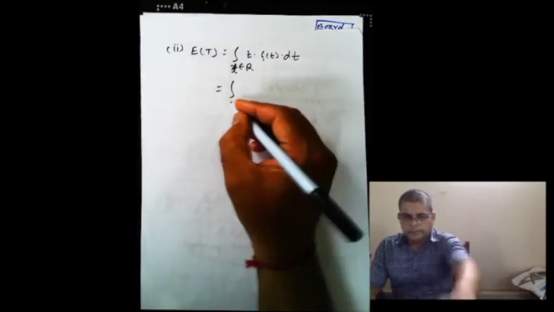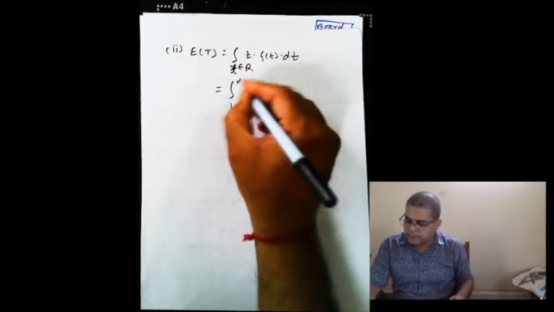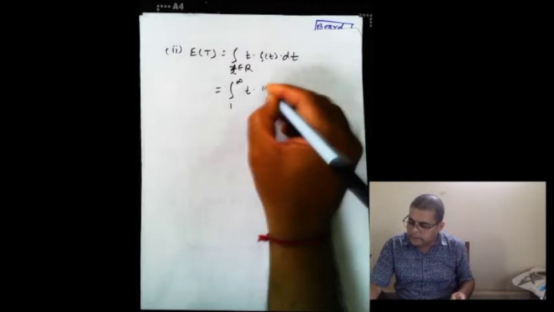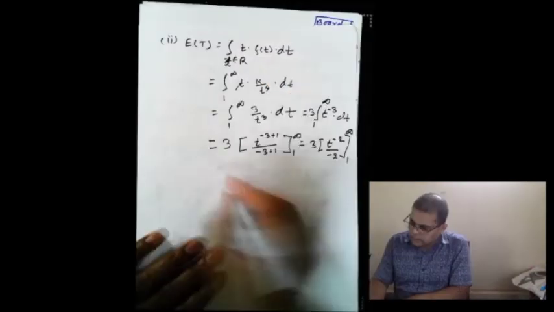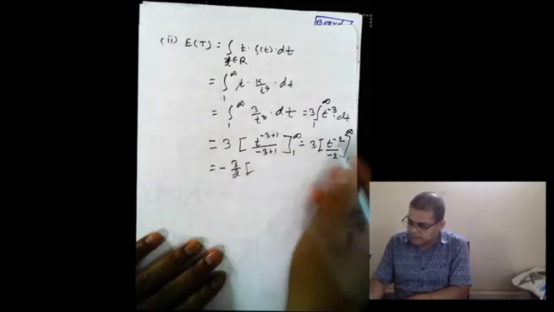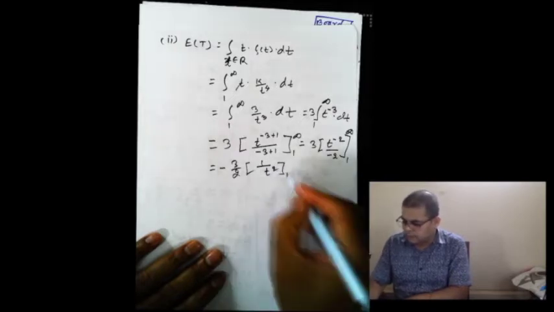So in the range 1 to infinity we have t, and f(t) is k by t to the power 4, so we write f(t) as k by t to the power 4, and then dt. So now it is negative 3 by 2, and then you can write that again in reciprocal form, so it is t square, from 1 to infinity.